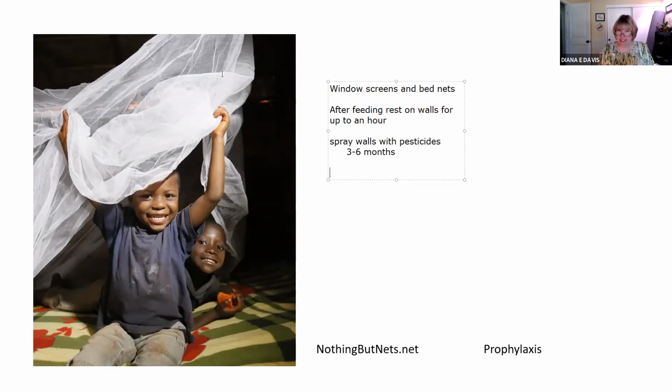It's hard to predict climate change. We can't say this area is going to get wetter and this area is going to get hotter. We're just not sure. The American tendency to use window screens means it's not likely that malaria will become established in the US. So that's good news for us.